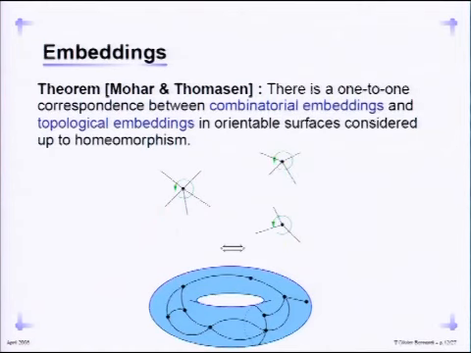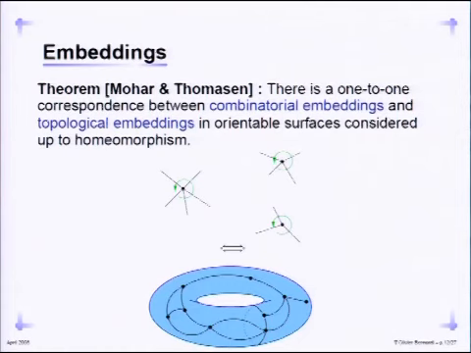Okay, so why do I call that an embedding? Because in fact this is also equivalent to the usual notion of topological embedding. So there is a one-to-one correspondence between this combinatorial embedding and the topological embedding in an orientable surface, when I consider this embedding up to homeomorphism. So what is that correspondence?